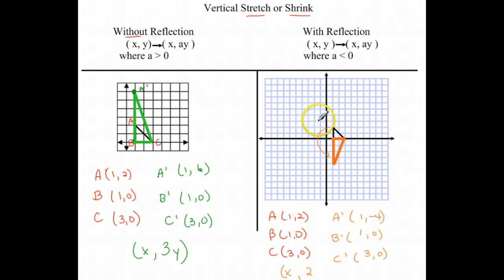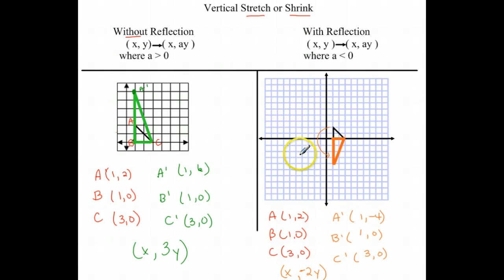But to show the reflection over the x-axis, it also went from a positive 2 to a negative 4. That's my big clue that I'm multiplying by negative 2 for my y-coordinate. Again, multiplying 0 times negative 2 is going to give me 0 for both my B and C points. So really I'm looking at my A to give me my big clue.